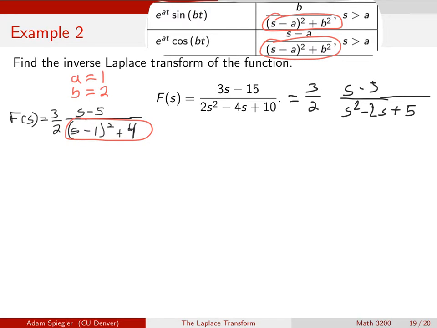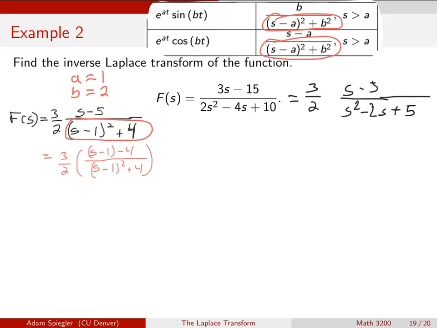And so we almost have something that looks exactly like the cosine part, except if our value of a is equal to 1, then what I know is that I can write this as 3/2 times (s minus 1 minus 4) all over (s minus 1) squared plus 4.